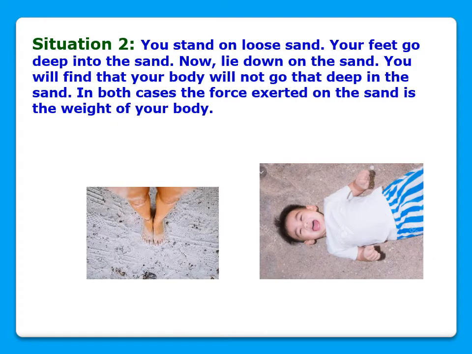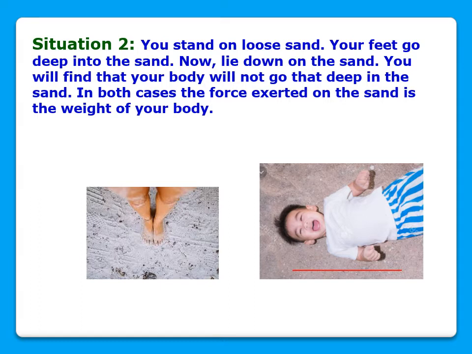Here is situation 2. When you stand on loose sand, your feet go deep into the sand. But on the other hand, if you lie down on the sand, you will find that your body will not go that deep into the sand. In both cases, the force exerted on the sand is the weight of your body.